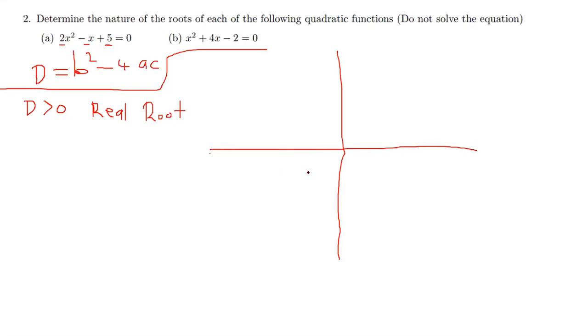What do I mean? It can either be like this, or it can either be like this. If it's like this, then it's cutting the x-axis at 2 points, this one and that point. And if it has a minimum value, then it's cutting the x-axis at that point or that point. I hope you are understanding.